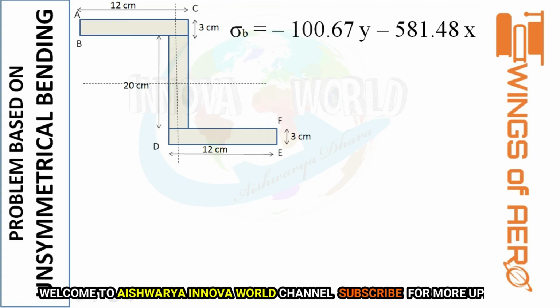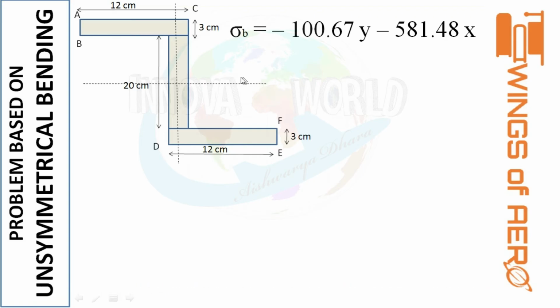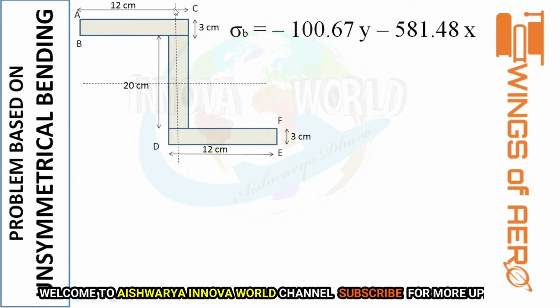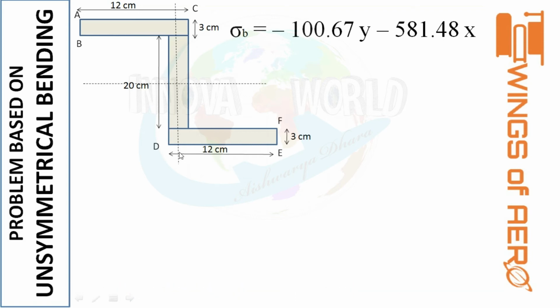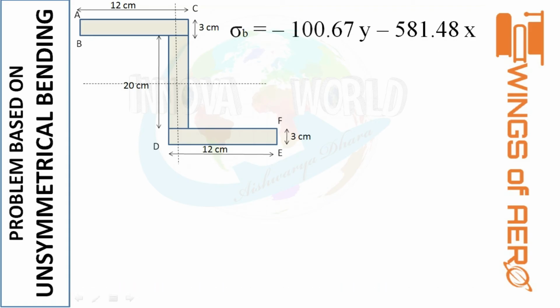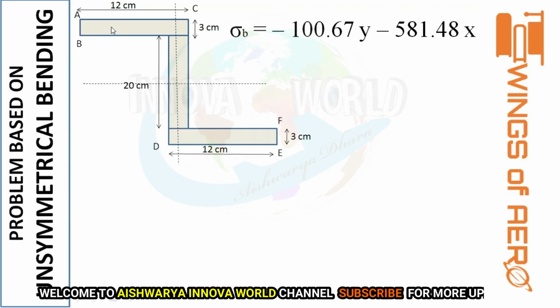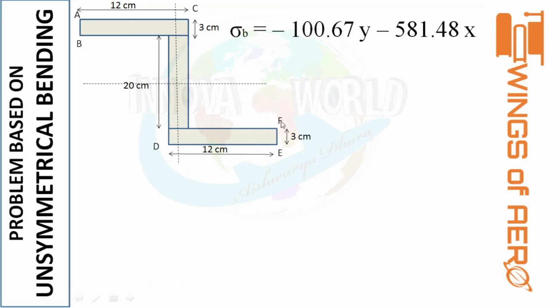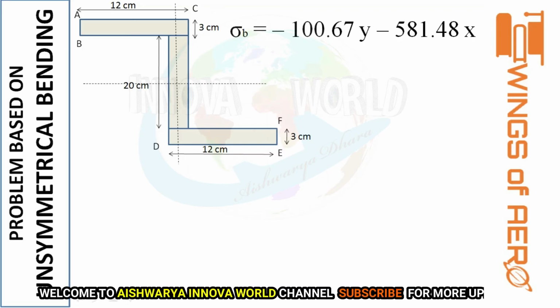If you are going to the left-hand side, x will be negative; if you are going to the right-hand side, x will be positive. If you are going upward, the y value will be positive, and if you are going downward, the y value will be negative. Using this, we are going to find the coordinates of A, B, C, D, E and F, the major 6 points.